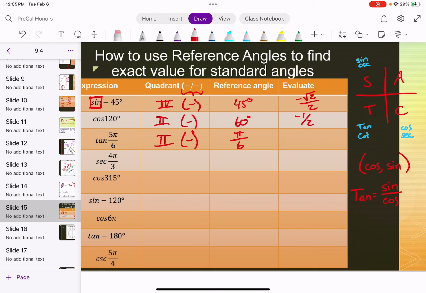So first thing we need to do is find the exact point for 5 pi over 6. 5 pi over 6 would give us negative square root of 3 over 2, comma, 1/2.